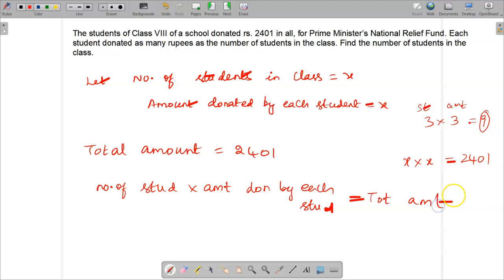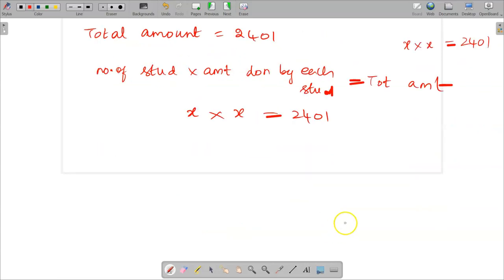The number of students is X, so the amount donated by each student is also X. The total amount is 2401. So here I have X square. X square is equal to 2401. So how can I find X? By taking the square root.